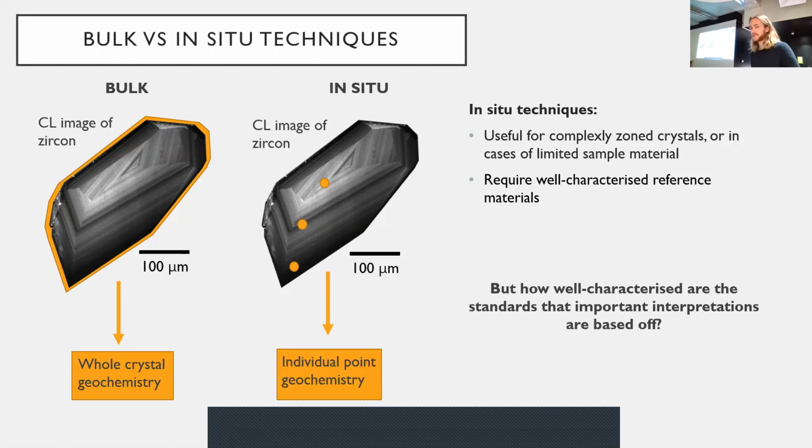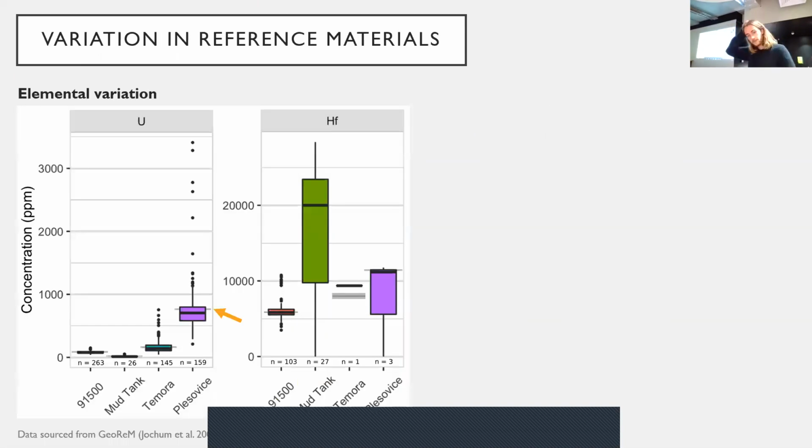So the initial question is, how well-characterized are those reference materials that we use and that important interpretations are based off? So I undertook a study of a database called GeoQuEST, where people report their measurements for the certain reference materials, of which I presented before here. And you can see that there is some elemental variation from what people report compared to the accepted value.